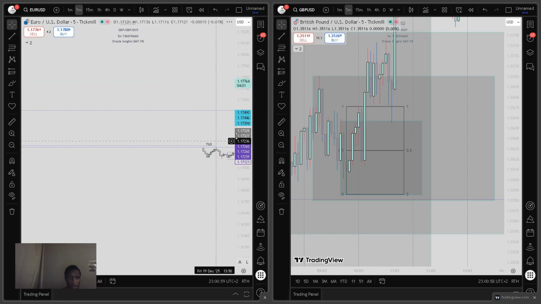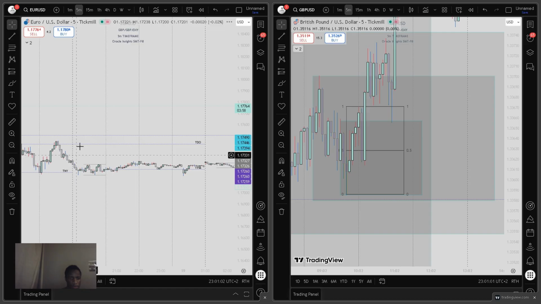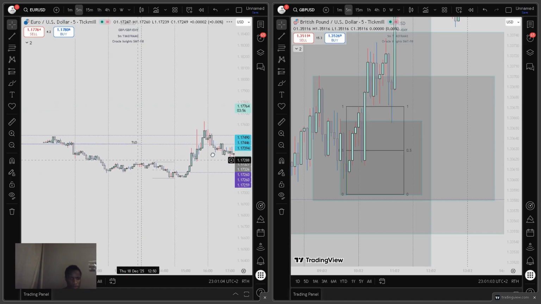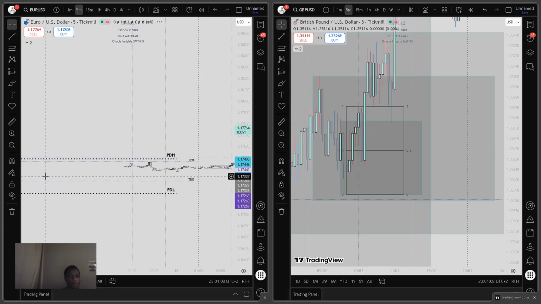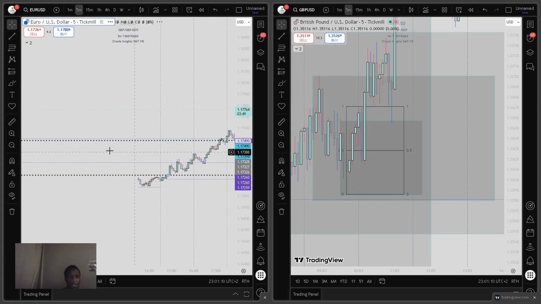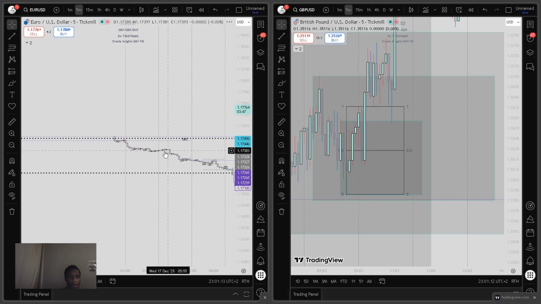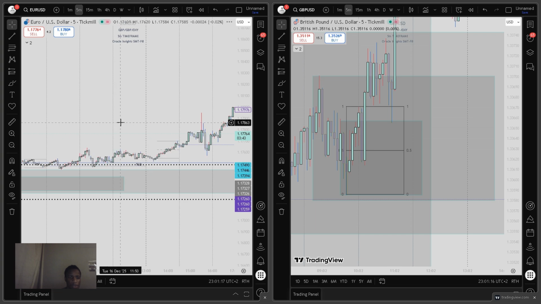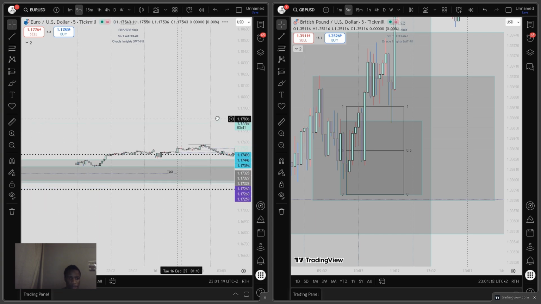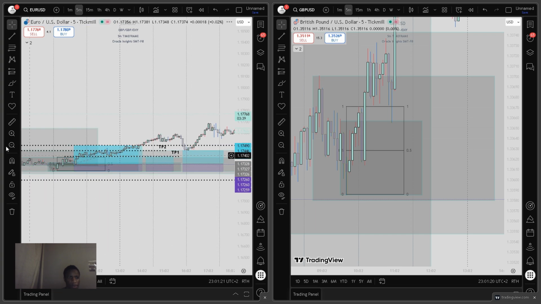Come on, where are you? There we go. So we did get a breaker structure to the upside and a retracement, as you can see.